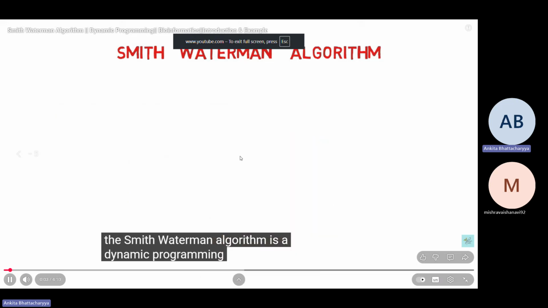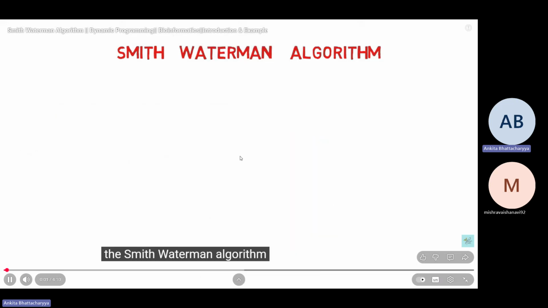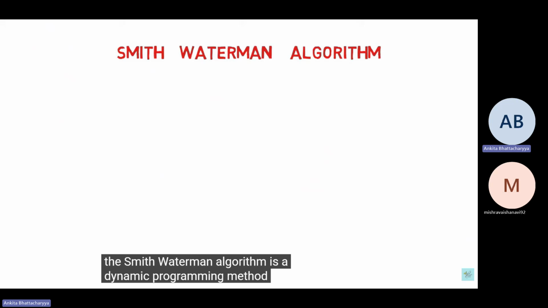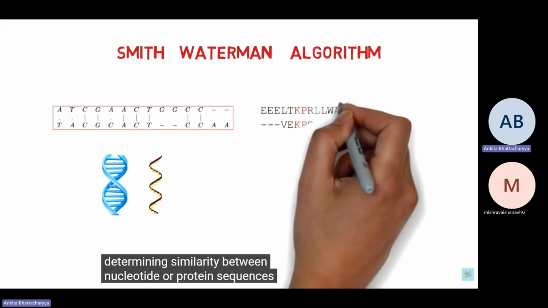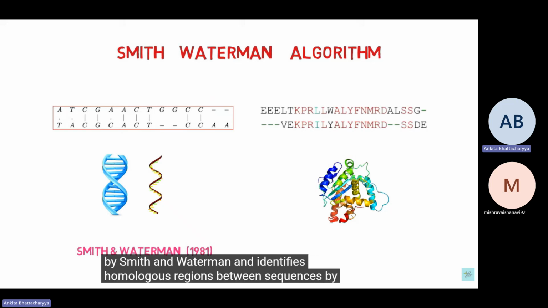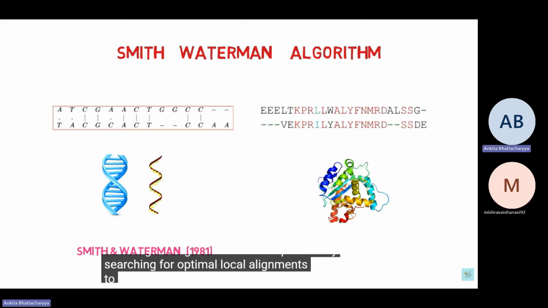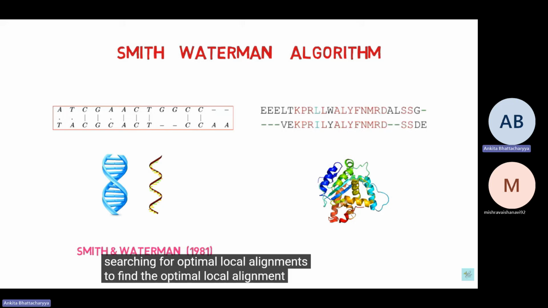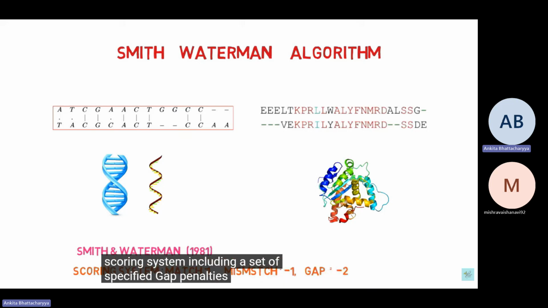The Smith-Waterman algorithm is a dynamic programming method for determining similarity between nucleotide or protein sequences. The algorithm was first proposed in 1981 by Smith and Waterman and identifies homologous regions between sequences by searching for optimal local alignments. To find the optimal local alignment, a scoring system including a set of specified gap penalties is used.